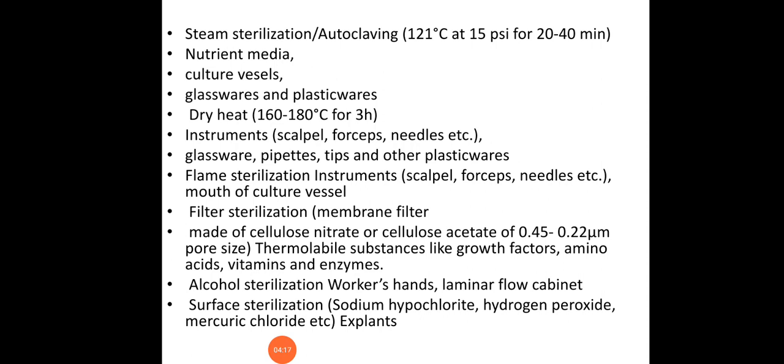Then filter sterilization: the membrane filter is made up of cellulose nitrate or cellulose acetate, with 0.45 to 0.22 micrometer porosity, used for thermolabile substances like growth factors, amino acids, vitamins and enzymes.